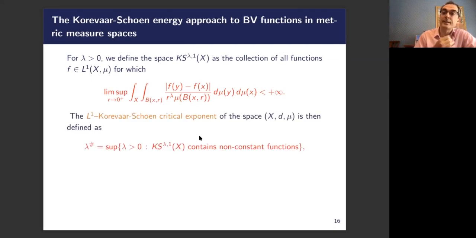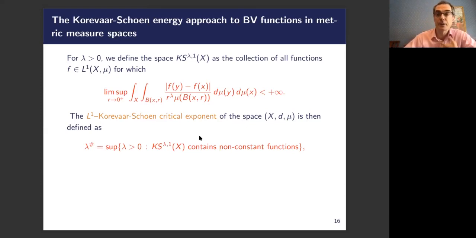So in this L1 setting, the functions which are going to be the most regular ones using the L1 Korevaar energy should be the BV functions. So we introduce a critical parameter in this scale of spaces that quantifies the regularity of functions as being the supremum of the parameters for which the scale of spaces contains non-constant functions.